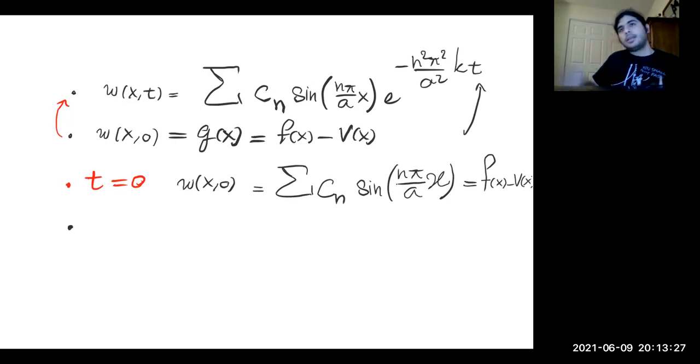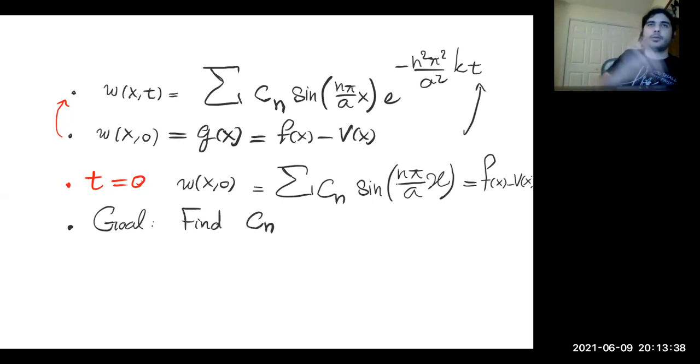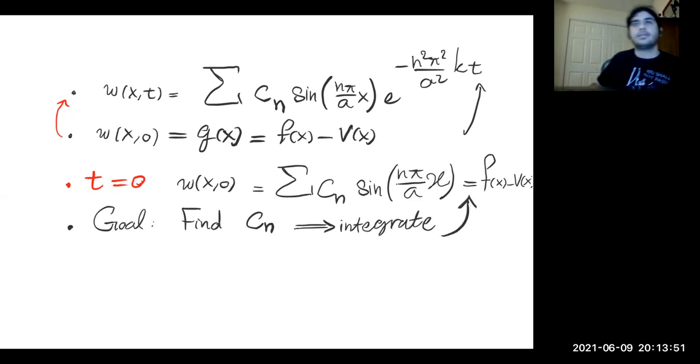Now I want to find cn. So the goal is to find all these coefficients cn. I want to know what these coefficients are. How can I do that? This is the idea. Integrate both sides of this equation with respect to x.